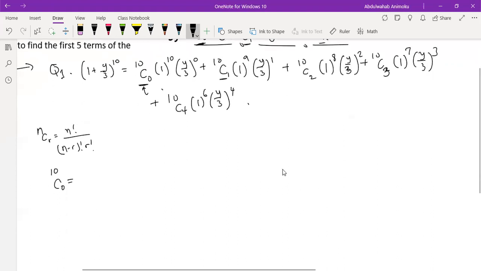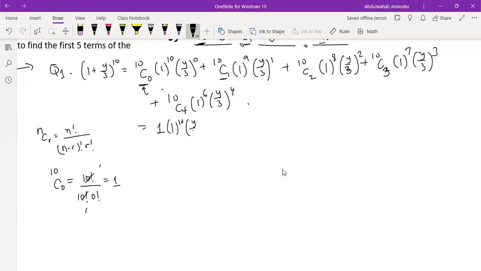Let's see if that is the case with this. 10 combination 0 means 10 factorial over 10 minus 0, which is 10 factorial, times 0 factorial. 0 factorial is 1, so we just have 10 factorial cancel. So the answer is 1. This is why the first coefficient here is going to be 1, times 1 raised to power 10. We're going to write it one more time, raised to power 0. This is just to get the coefficients first.